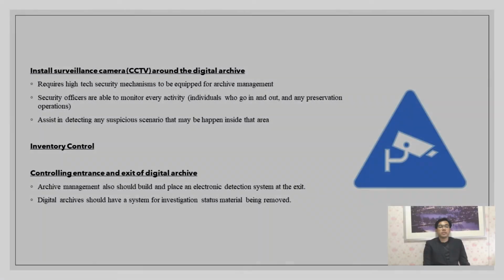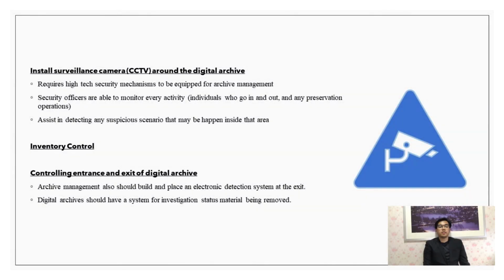There are a few types of security measures that every organization can follow, such as installing surveillance cameras, CCTV, around the digital archive. This method requires high-tech security mechanisms to be equipped by archive management to ensure that the digital archive environment is secured and protected.